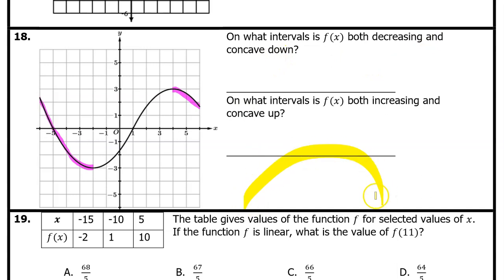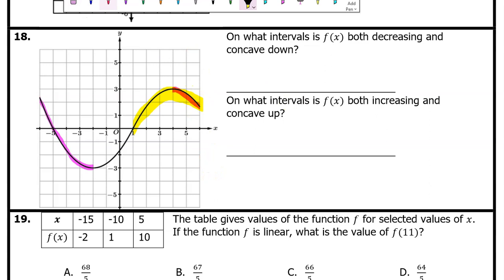Concave down is like an upside down bowl shape, like an umbrella. So I can tell that the function is concave down in this interval. So we're looking for the interval that is both of those at the same time. So that is going to be this part of the graph right here from 4 to infinity.